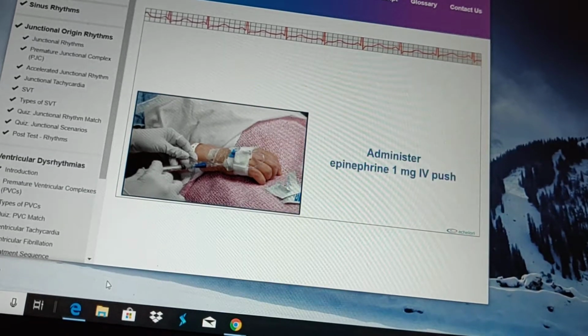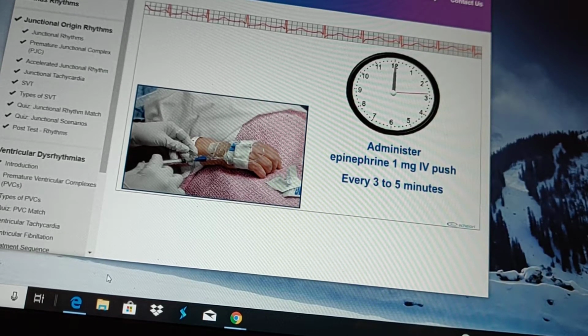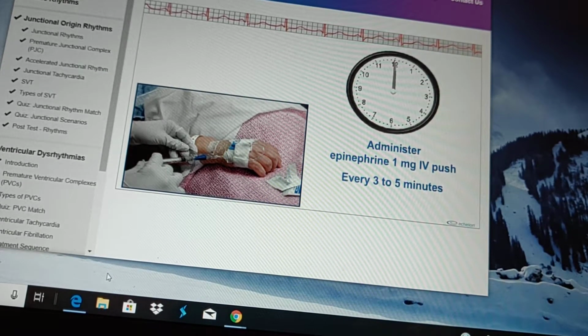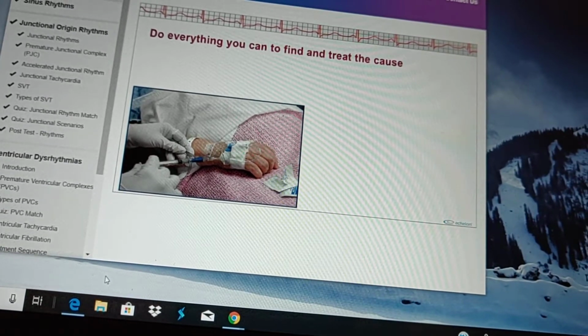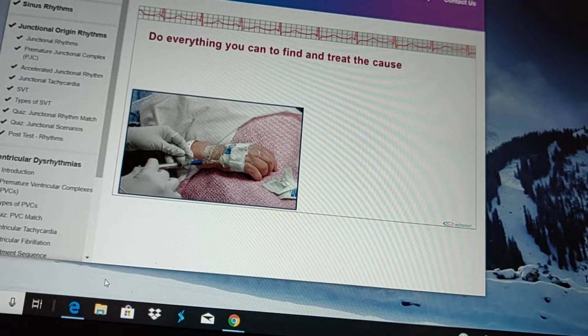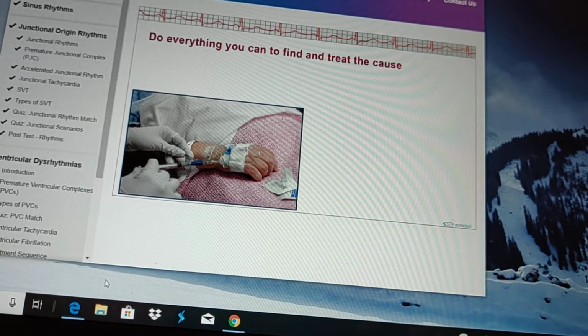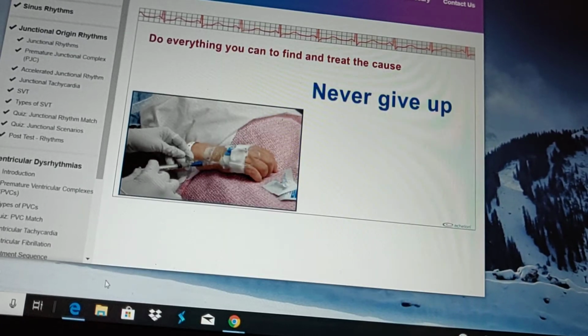Administer epinephrine as a 1 milligram IV push every 3 to 5 minutes with no maximum dose. Stay focused on doing everything you can to find and treat the cause, even though there is generally a poor prognosis with PEA situations. Never give up until all your options have been exhausted.